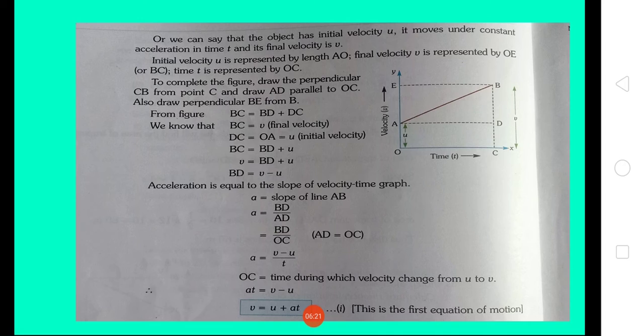If you consider DC, DC is of the same length as OA, which is nothing but the initial velocity U. Now BC, as I told you, is BD plus DC, or we can write it as BD plus U. So we know that BC is equal to V and DC is equal to U. So the value BD is V minus U.